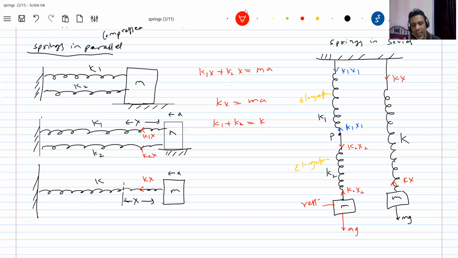What does it mean? When two springs are connected, how much displacement will the block undergo? Here also the block should undergo the same displacement.